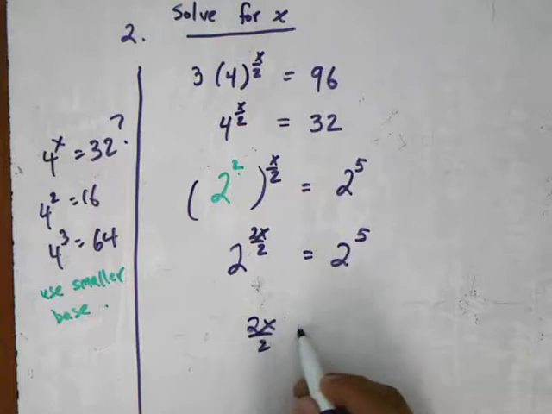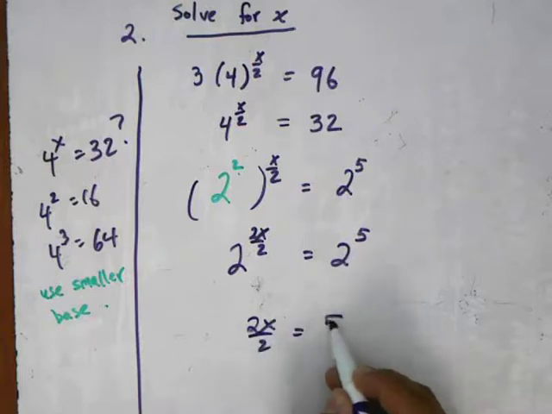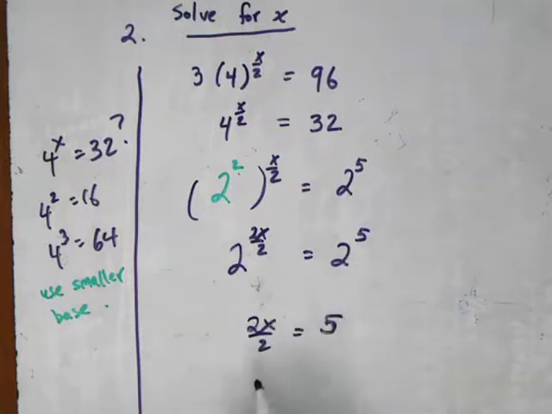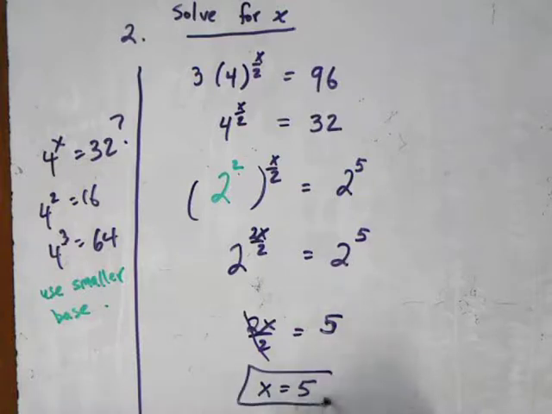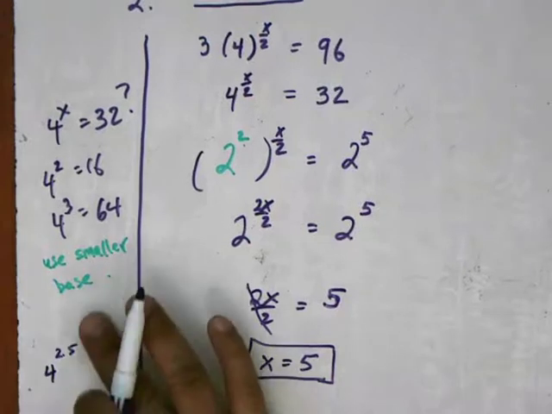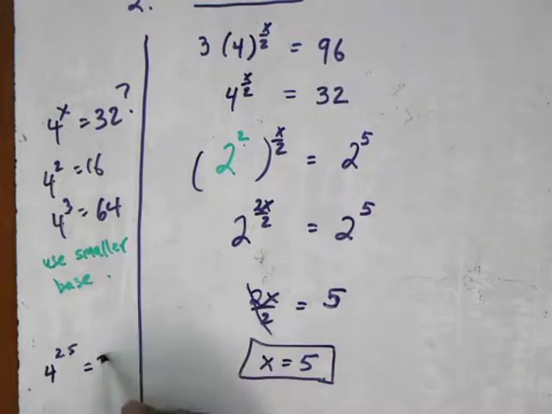2x over 2 equals 5. This cancels, so x equals 5. Now, some of you may have found that 4 to the 2.5 equals 32, and that's okay if you had a calculator to help you with this.